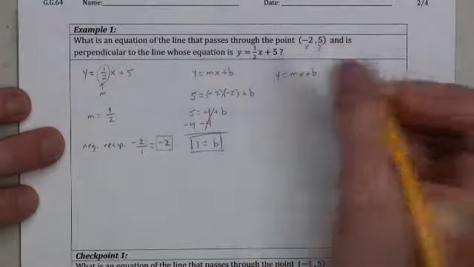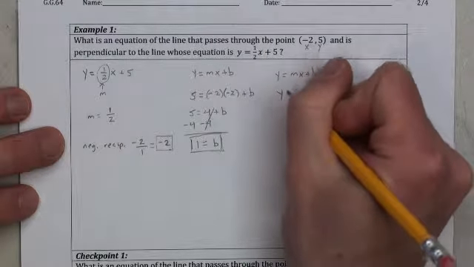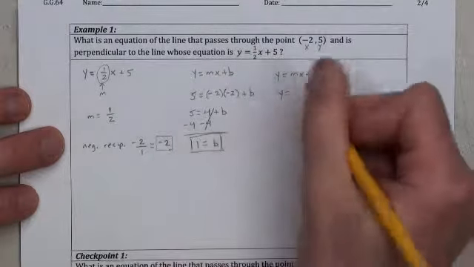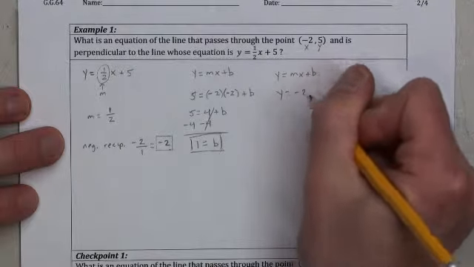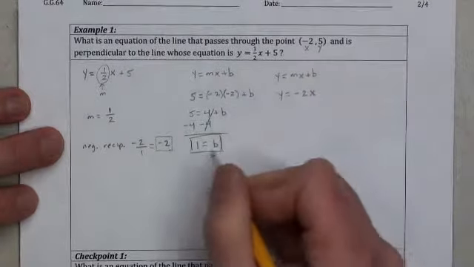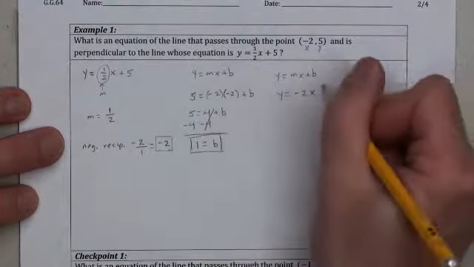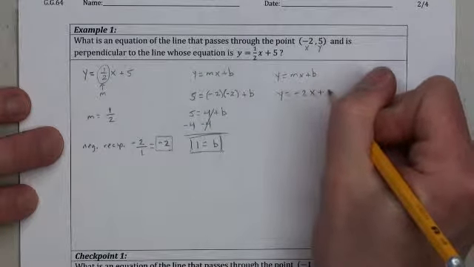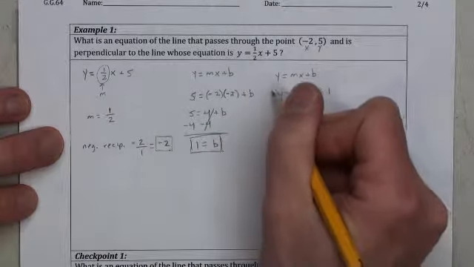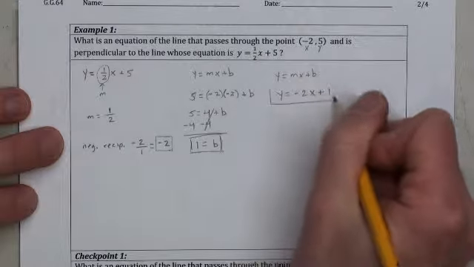So we just rewrite y equals mx plus b, but this time for m, we put in the negative reciprocal of the slope, x, and then for b, we put in the number 1. Plus, that's a positive 1, so we would put plus 1. And this is our final answer.